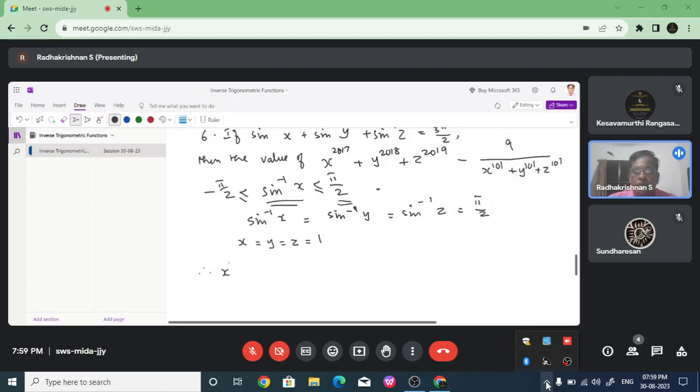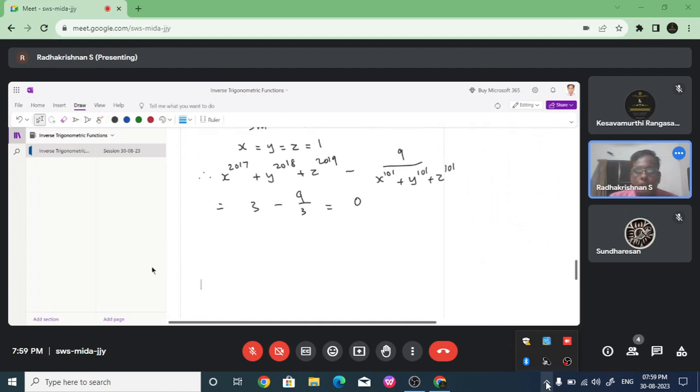Therefore, that x power blah blah blah, 3 minus 3 equal to 0, becomes 0, right? Equal to 3 minus 9 by 3, 3 minus 3.